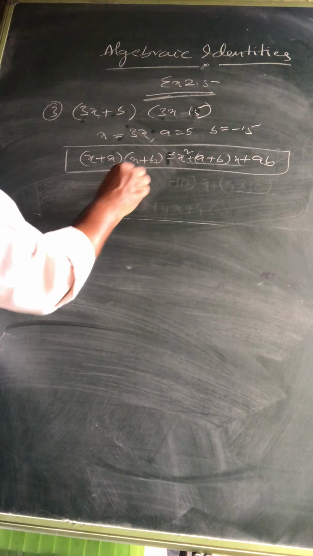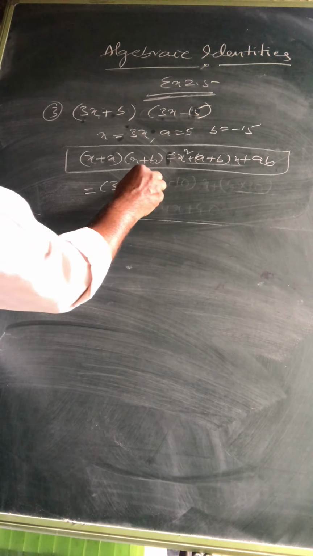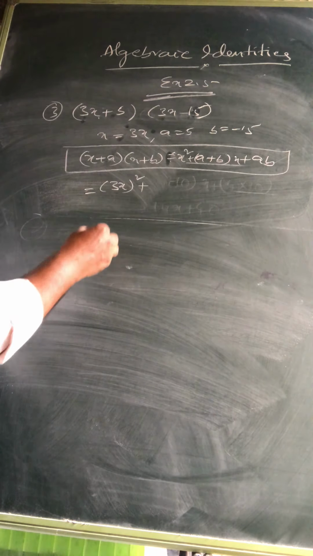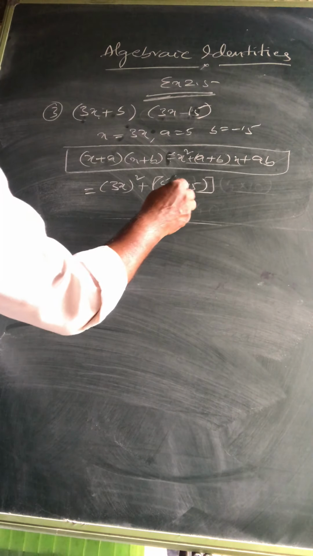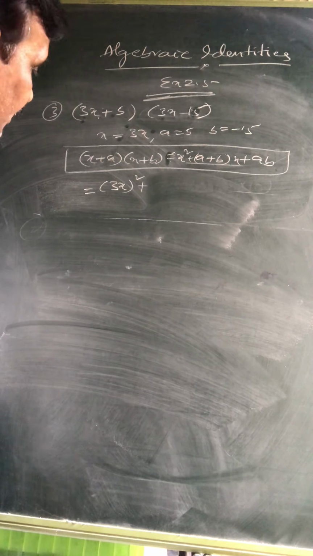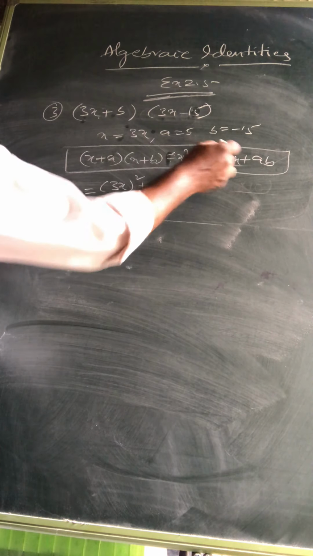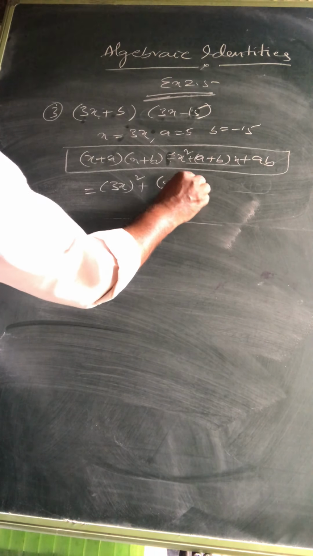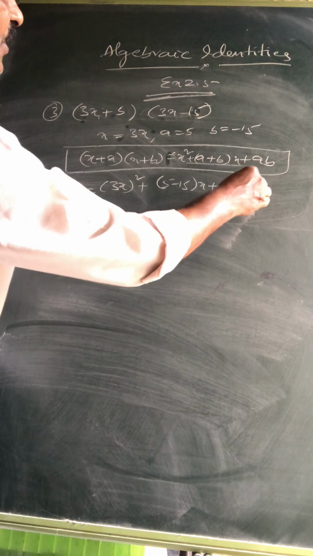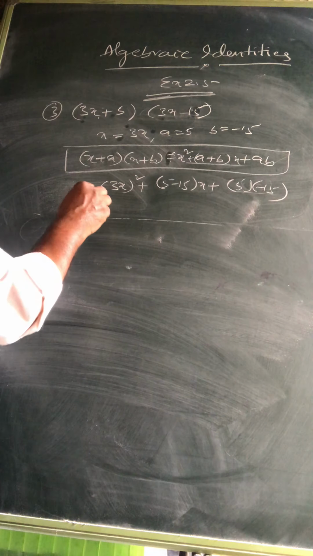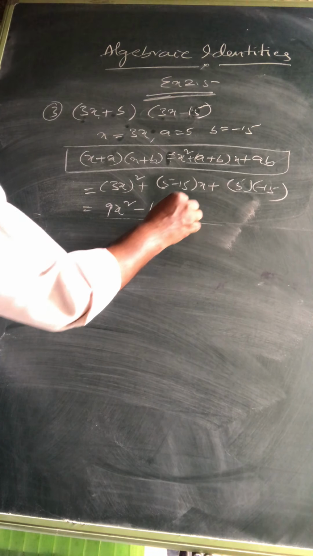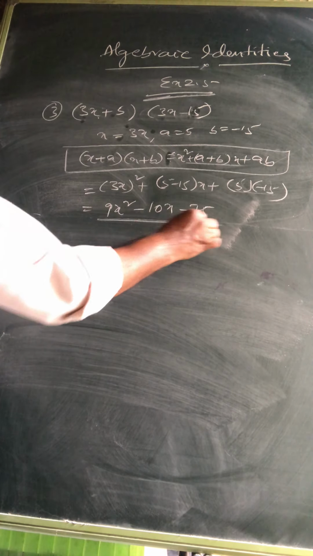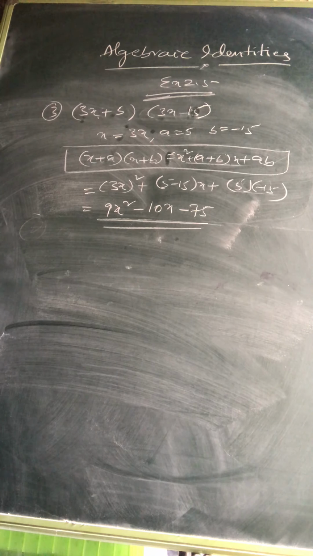So (3x)² + (a + b), that is 5 plus −15, because it is the minus, x + 5 × (−15). That is (3x)² + (5 − 15)x + 5 × (−15) = 9x² − 10x − 75. This is the product of the given problem.